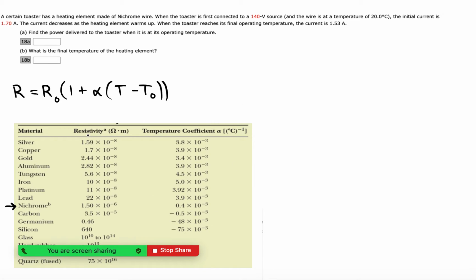And instead of getting the resistivity this time, we want to look at the temperature coefficient. So we want this value right here. Alright, so our alpha for nichrome is 0.4 times 10 to the minus 3.